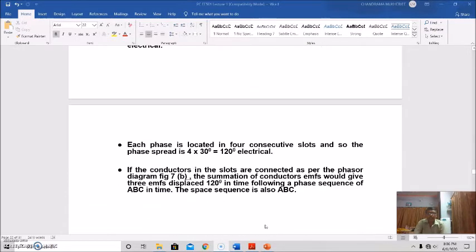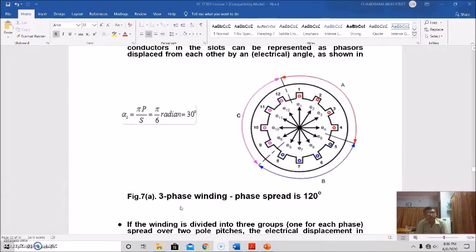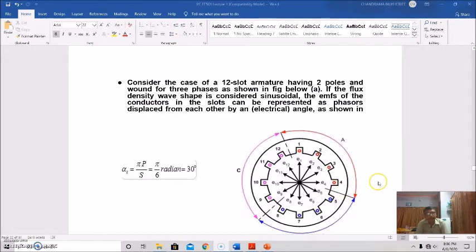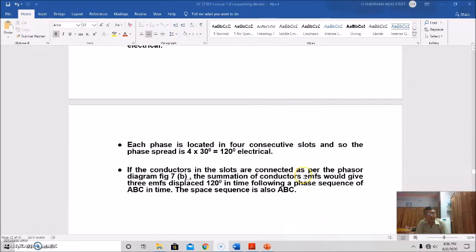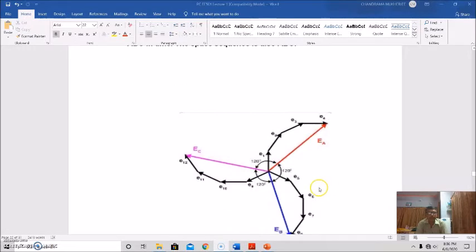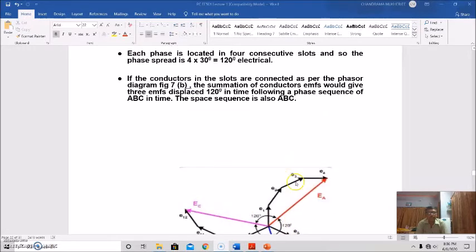So we can write each phase is located in 4 consecutive slots, and so the phase spread is 4 into 30, that means 120 degrees electrical.